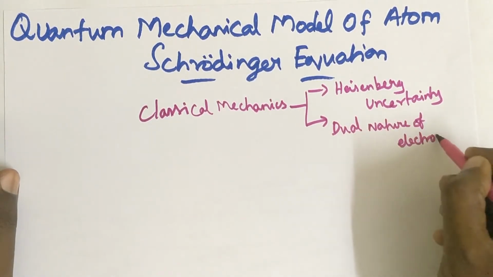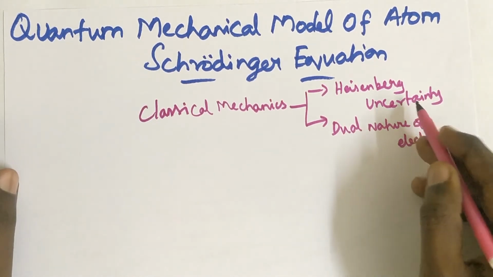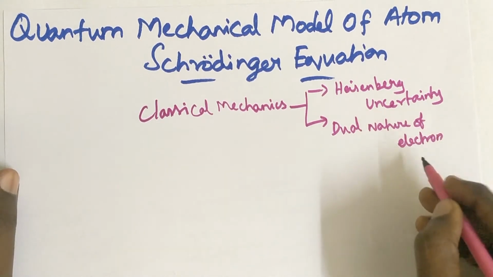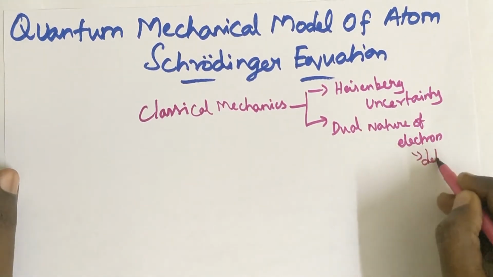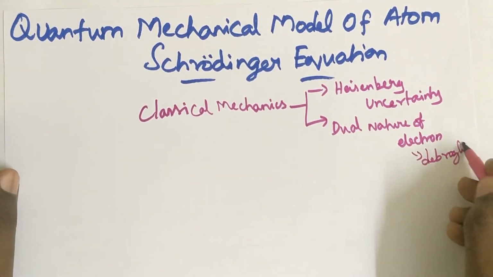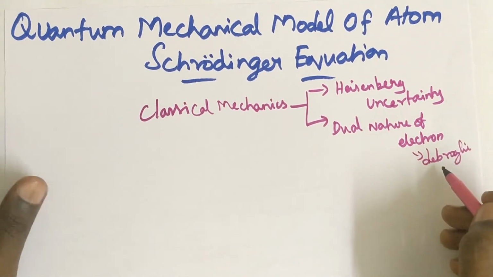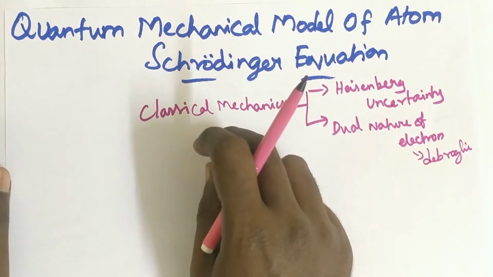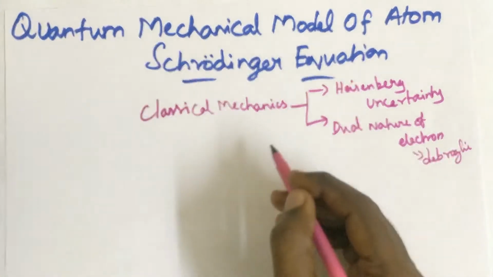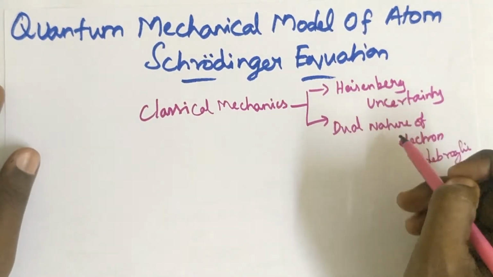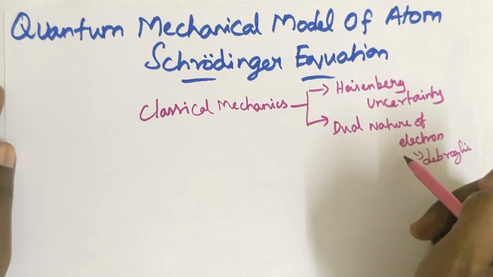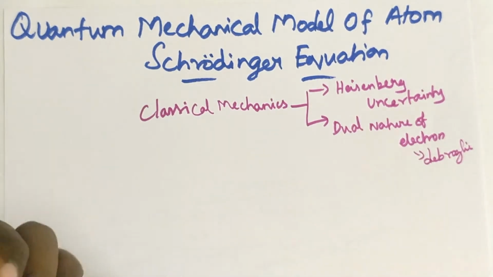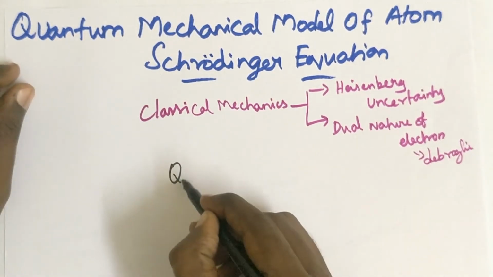The dual nature of electron was explained by de Broglie, but it was not explained in classical mechanics. So based on the Heisenberg uncertainty principle and the dual nature of electron, they proposed a new mechanics called quantum mechanics.